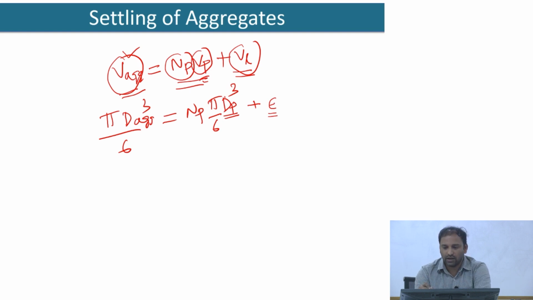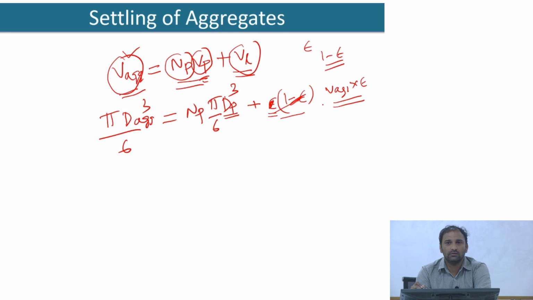So, what I can do is I can basically write this as, if I say that epsilon is the liquid fraction, then 1 minus epsilon is the solid fraction, right. So, therefore, V AGG multiplied by epsilon would give me the volume of the liquid.